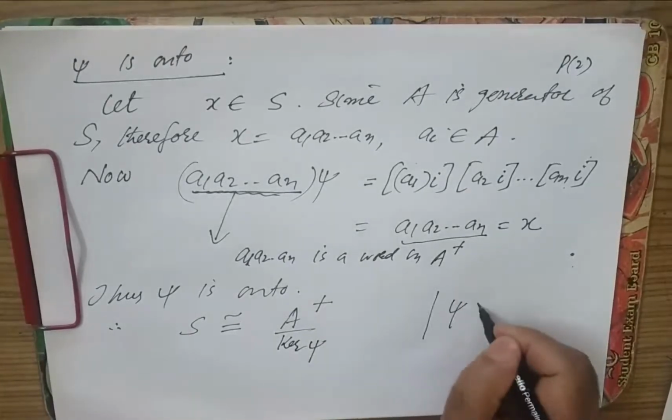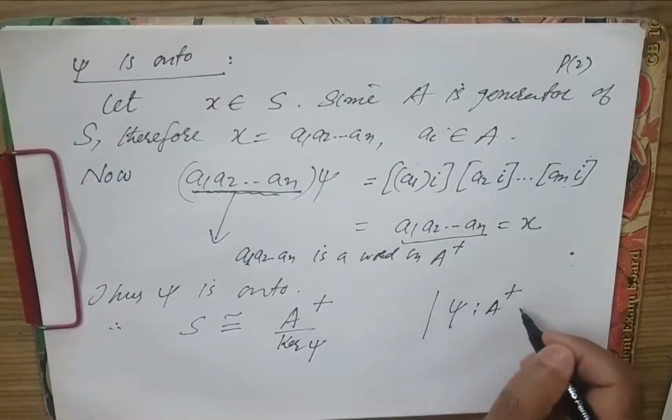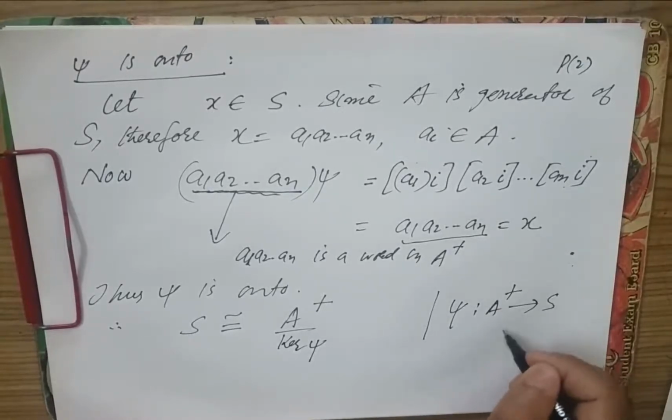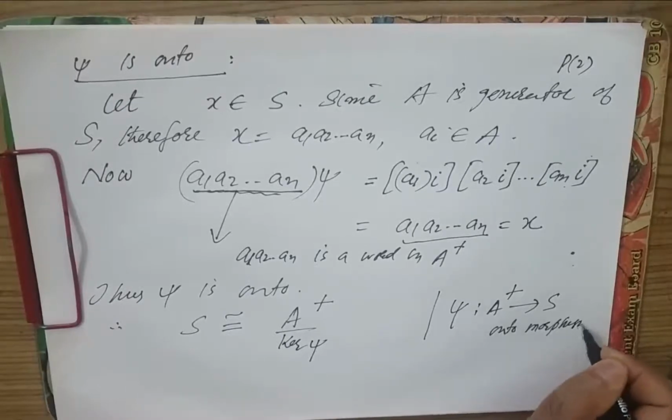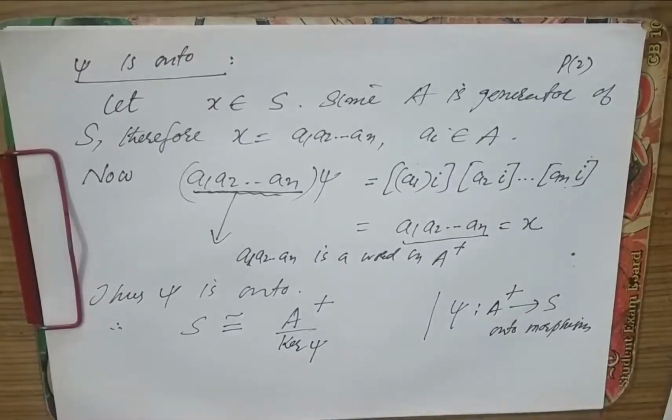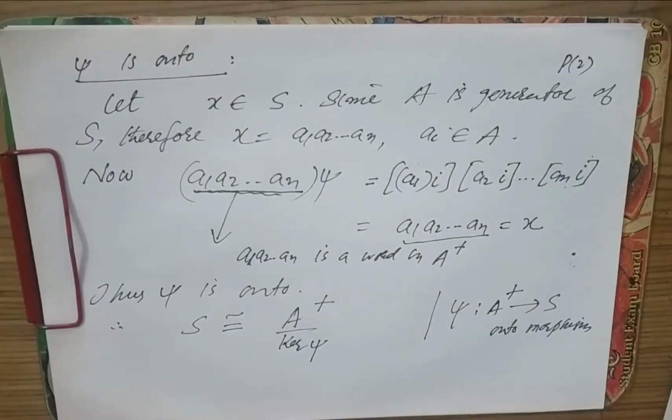This psi is a map from A plus to S, an onto morphism. So by the fundamental theorem of homomorphism on semigroups, S is isomorphic to A plus over kernel of psi.